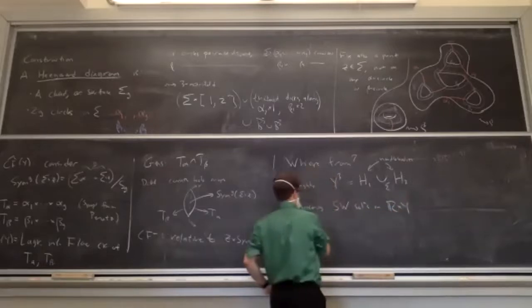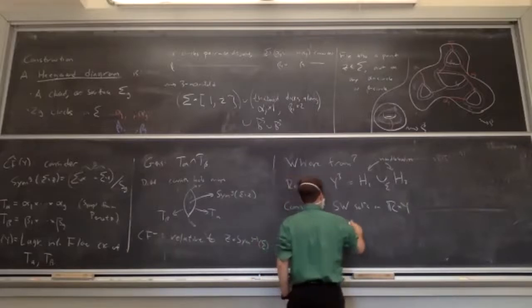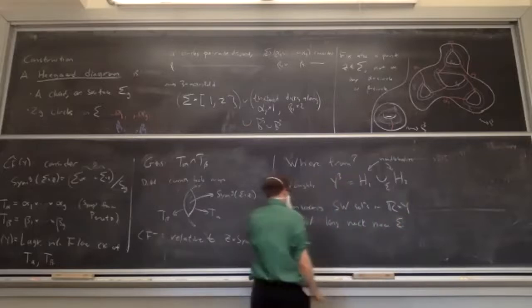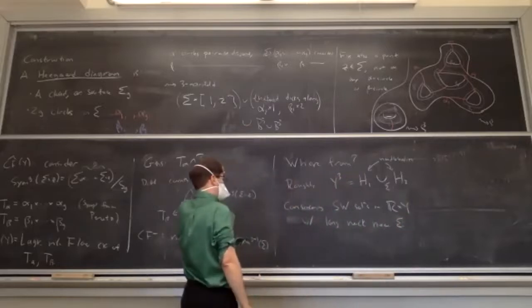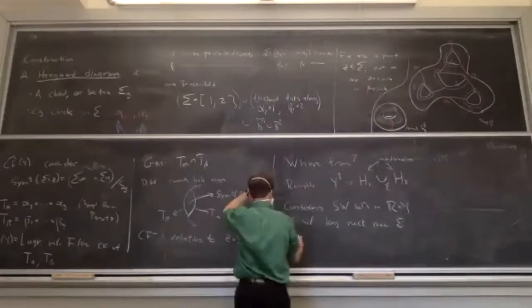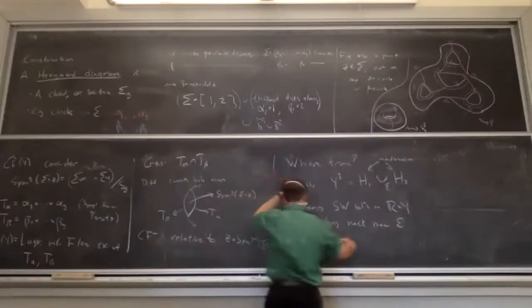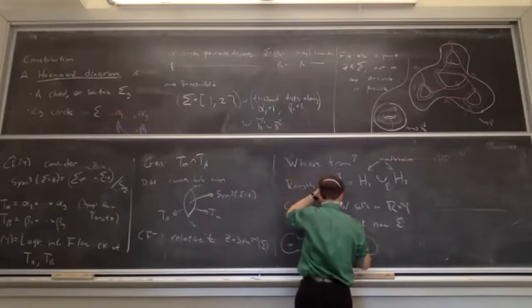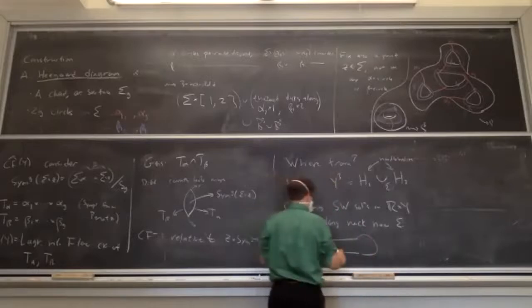Schematically, it looks like you've got some handlebody, and this is all sigma, so this is a surface of genus g, and you've got some other handlebody attached at that end.